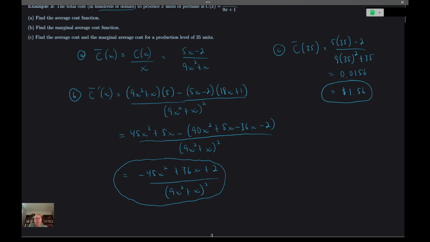Then let's find the marginal average cost at 35 units. So plug 35 into our derivative. So negative 45 times 35 squared plus 36 times 35 plus 2 all over 9 times 35 squared plus 35, all of that squared. And let's see what we get.